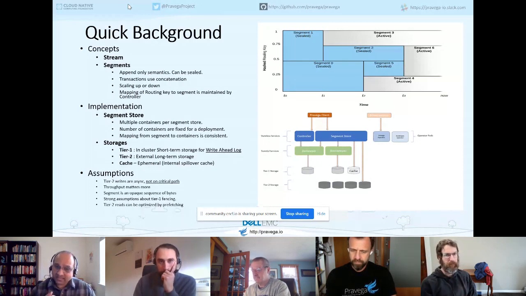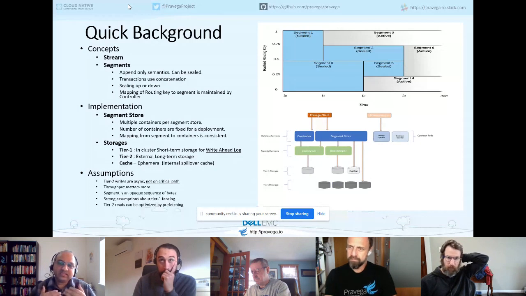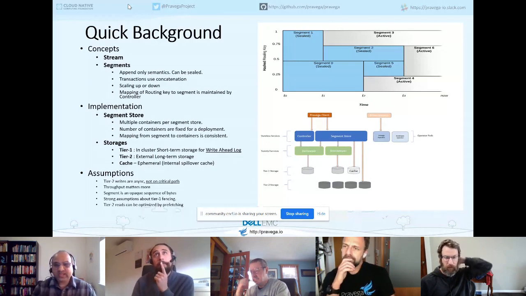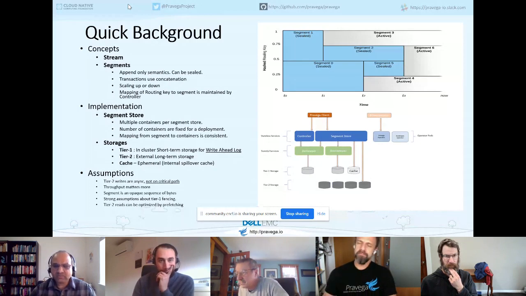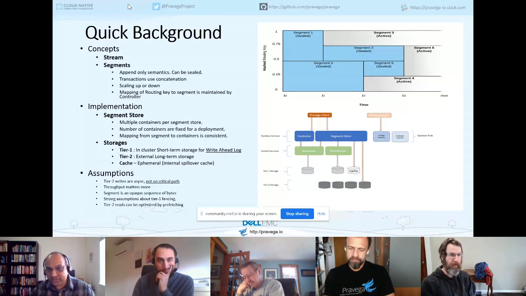Then these depend on tier one storage, and the segment store automatically tiers data between tier one storage and tier two storage. And by tier two storage, we mean your external long-term storage.